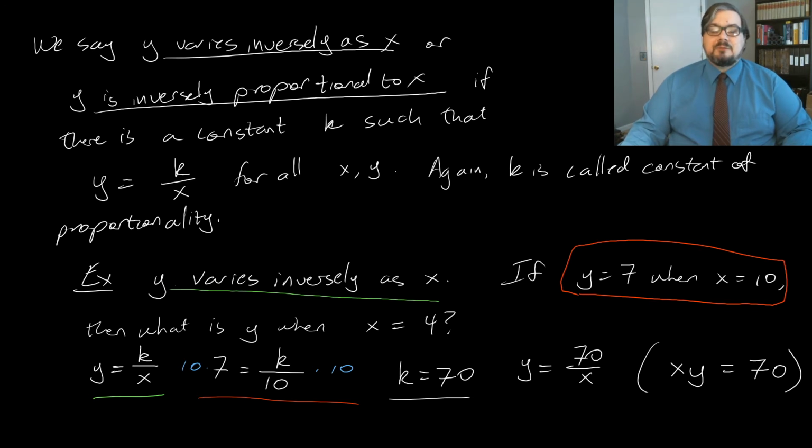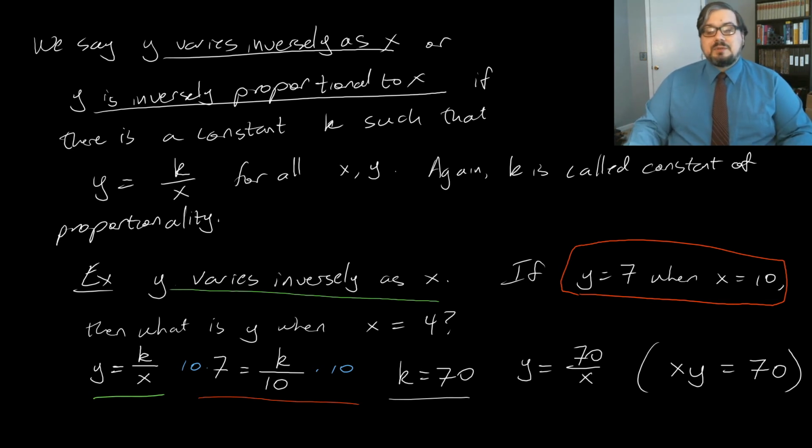If y is inversely proportional to x, that means that x times y is constant. X times y is always the same thing. Just like with direct proportion, if y is directly proportional to x, then y divided by x is always the same thing, is always a constant. With inverse proportion, y times x is always equal to the same thing.